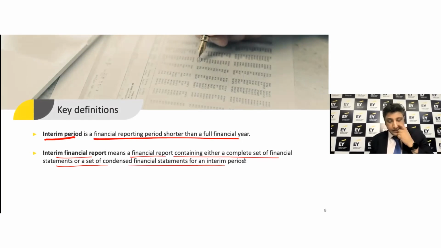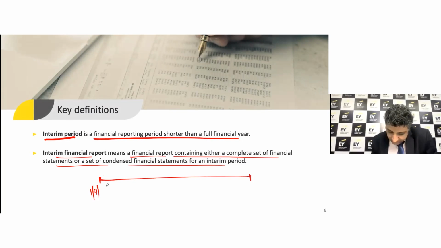Now, importantly, you also want to remind yourself that if I talk about the full accounting year, we are referring to, of course, starting 1st of April. Let's look at the year 2020 and 21, right? So it starts from 1st of April 20, ends on 31st of March 21. This is my full or complete financial year.